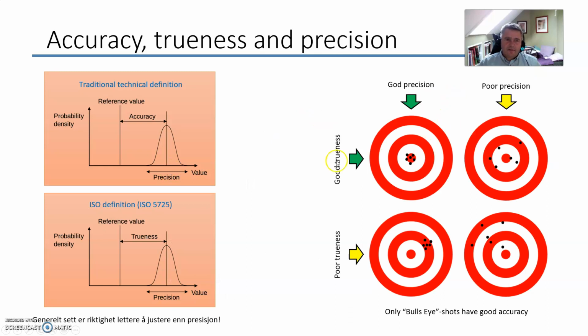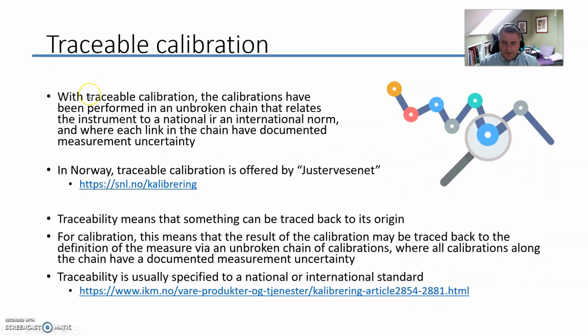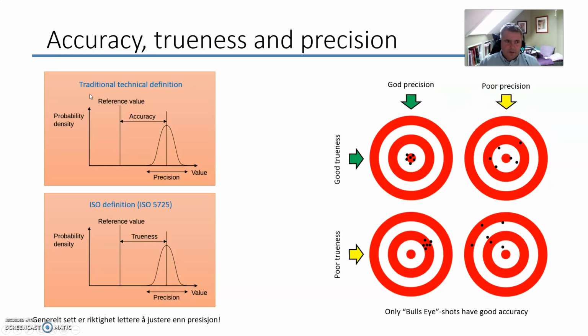Forget this here, and keep an eye on this one, the ISO definition. You have good precision or poor precision. Good precision means that all the shots are collected in a narrow cloud.